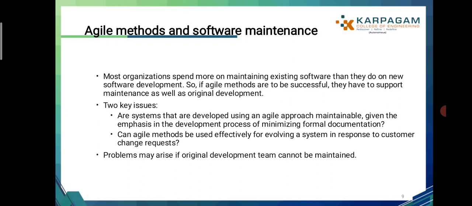The first one, whether the system will be developed based on the agile methods or agile approach, based on the user or customer feedback. The second one, whether the agile methods can be effectively involved in the particular system. So these are the two issues we have to solve, right?